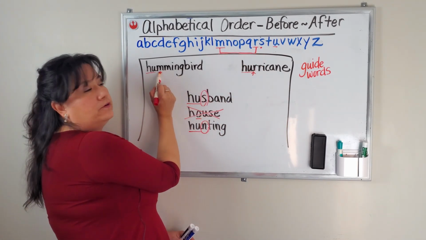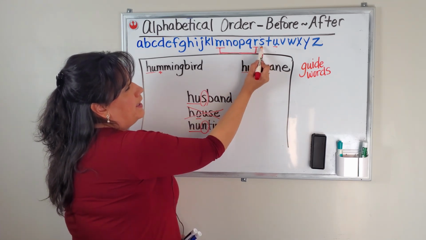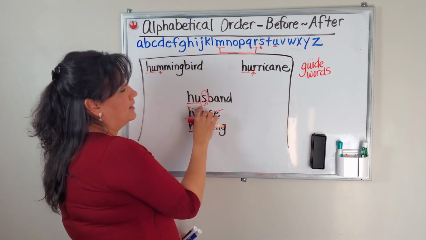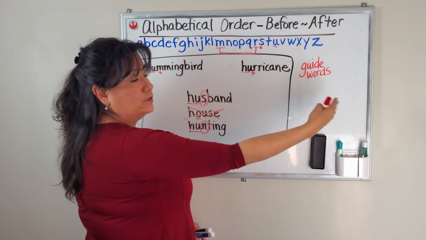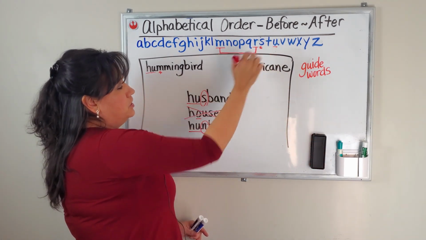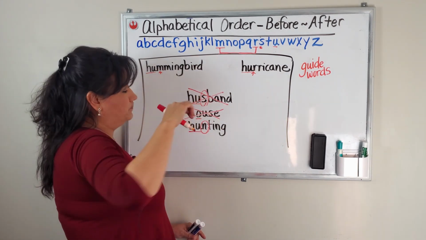Remember that our third letter range was H-U-M and H-U-R. And look at the letter S. This is H-U-S. That means that husband would come on a later page, maybe one or two, after the word hurricane on a separate page. So we know that the word husband would not be found on this page.